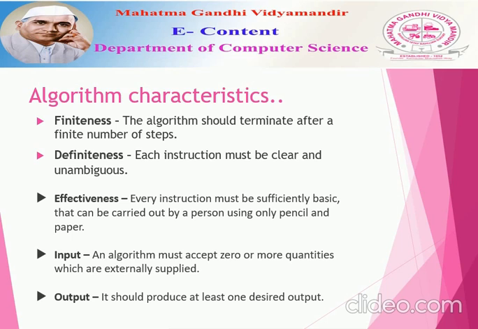Then effectiveness. Every instruction must be sufficiently basic that it can be carried out by a person using only pencil and paper. Then input. An algorithm must accept zero or more quantities which are externally supplied. Output, it should produce at least one desired output.